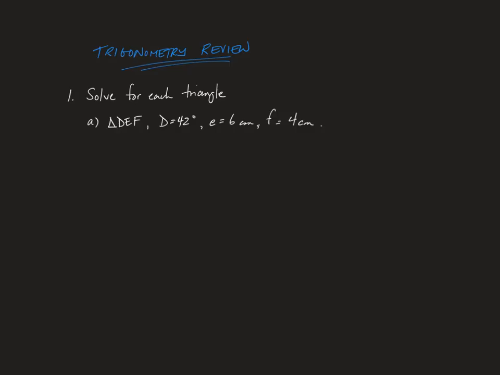A real common practice is to simply draw the same triangle over and over again and simply label it with different properties. So if I was to give you the next triangle, and that was triangle DEF, you would basically end up drawing the same triangle over and over again, but labeling angles and sides differently.